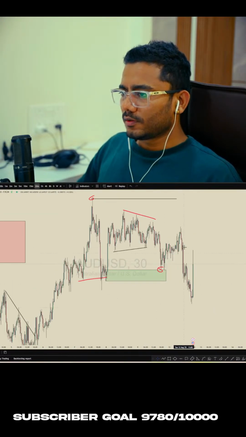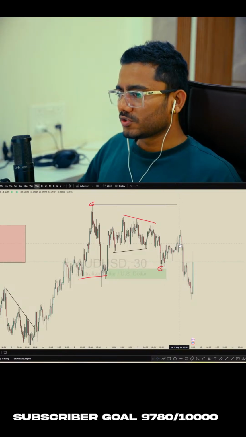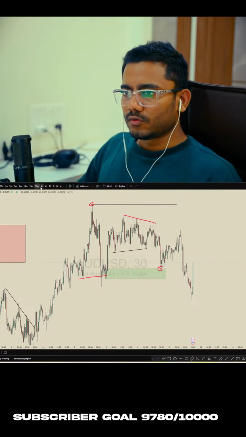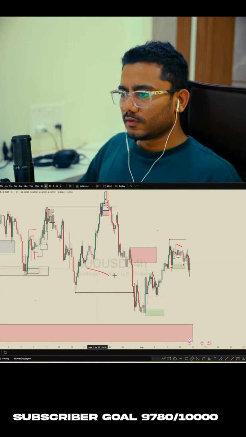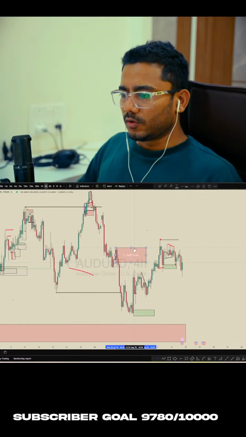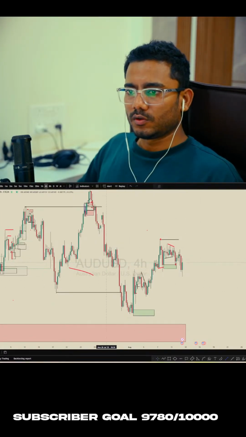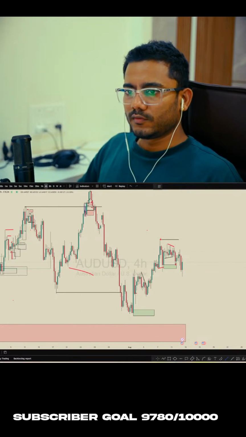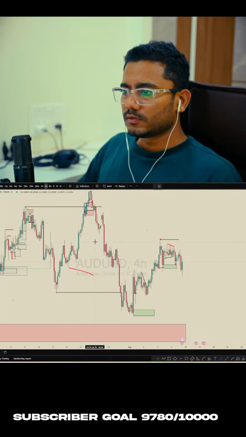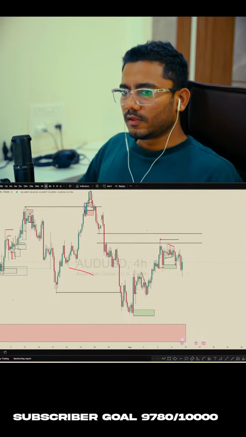Yesterday also marked this order block, but then price broke the structure over here. So let's understand why price did that. We have to learn from our mistakes, like what I did yesterday. If you try to see here, we had this imbalance, and there was this trend line liquidity.